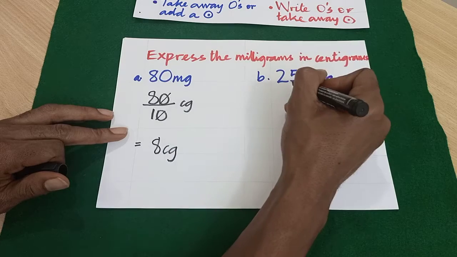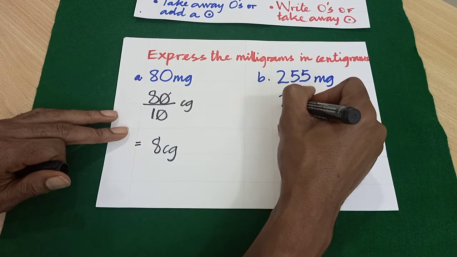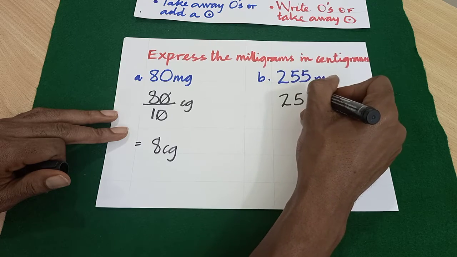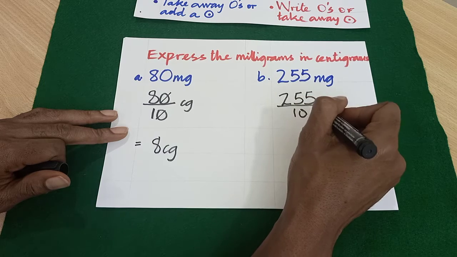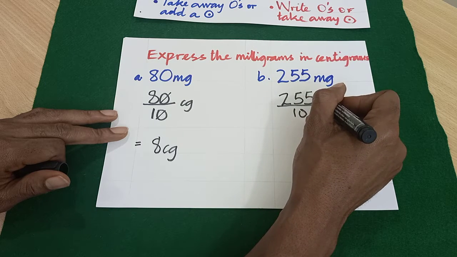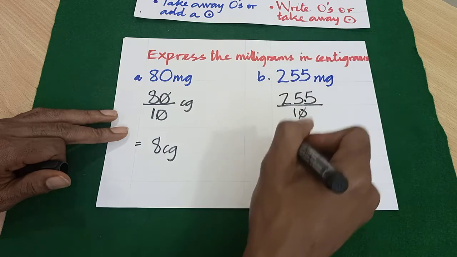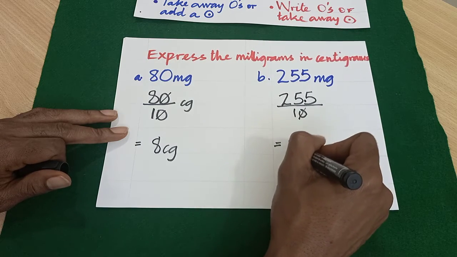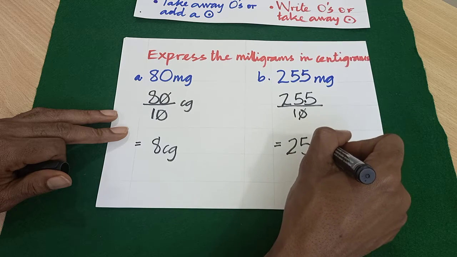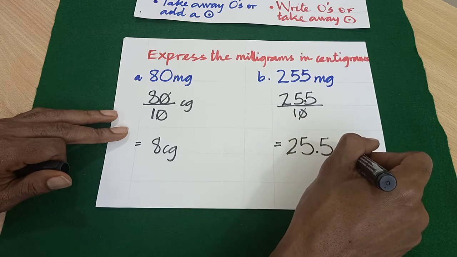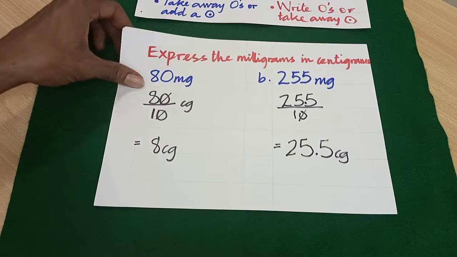Okay, 255 milligrams to centigrams is going to give us what? 255 divided by 10. Now, there is no 0 to take away here. So what do we do? When we take away a 0, we add our decimal point. So our answer is going to be 25.5 centigrams. Okay, now let's move on to the next.